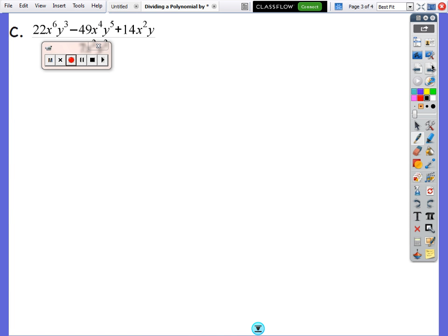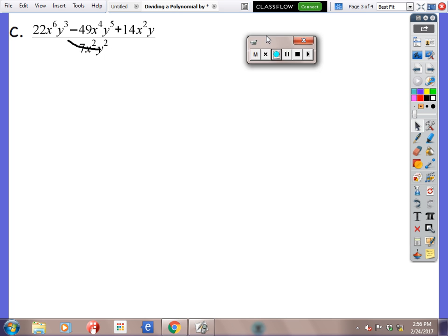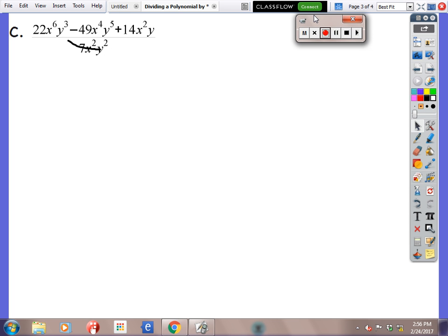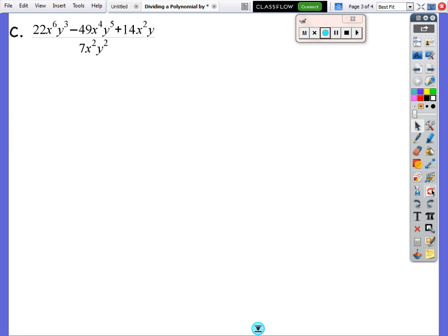The next example I have is 26x to the 6th y to the 3rd, minus 49x to the 4th y to the 5th, plus 14x squared y divided by 7x squared y. Again, all you're going to do is divide each term by that 7x squared y.